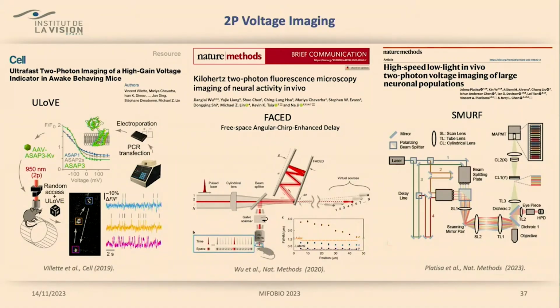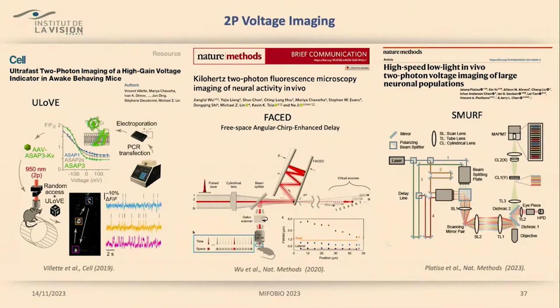So during the last years we had the development of really nice optical methods, like by the group of Stéphane Dieudonné, where they used a microscope with acousto-optic deflectors to perform voltage imaging, because with AODs you can really scan your sample at very fast rates.